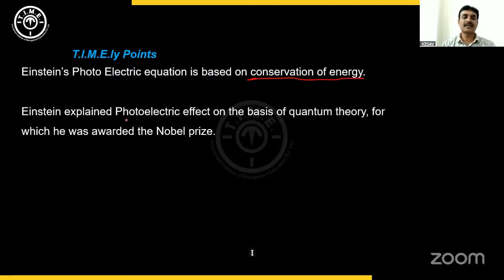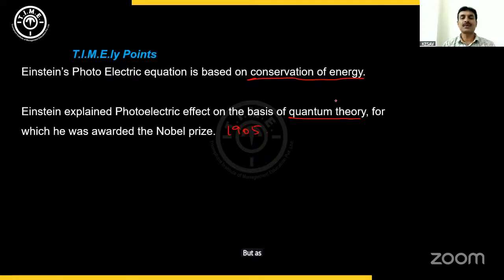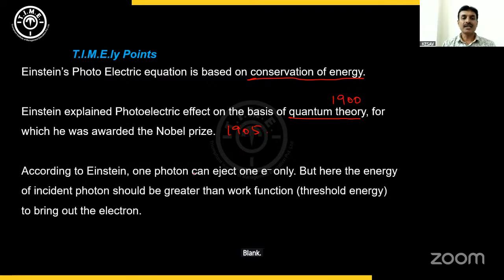Einstein's explanation of the photoelectric effect is on the basis of the quantum theory, for which he was awarded the Nobel Prize in the year 1905, whereas quantum theory was proposed in the year 1900 by Max Planck. According to Einstein, one photon can eject one electron only at most.